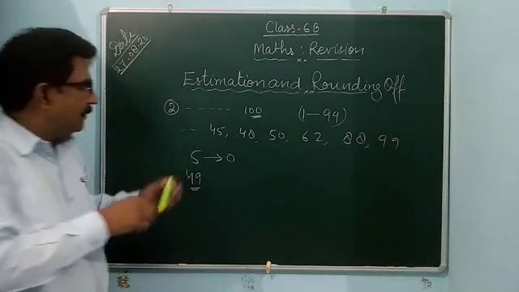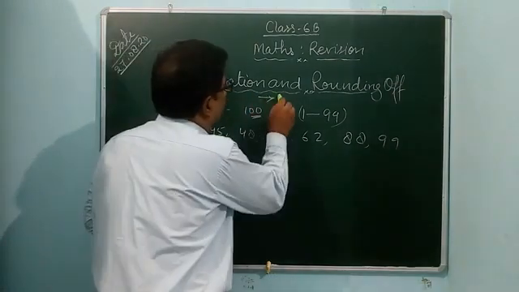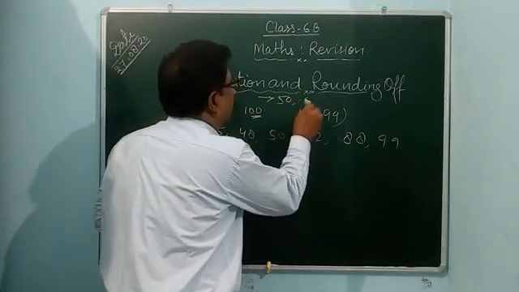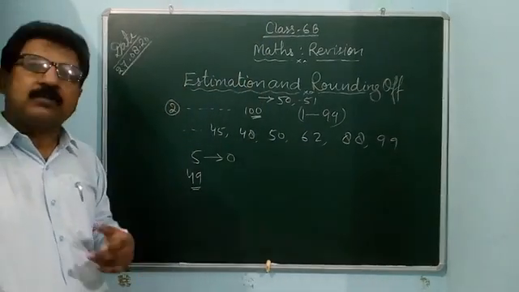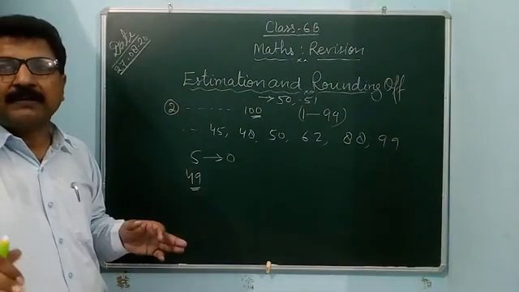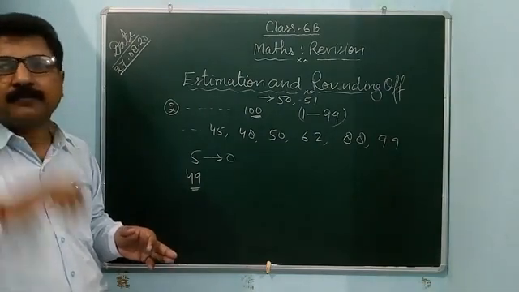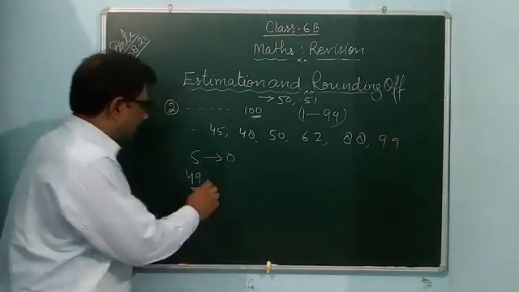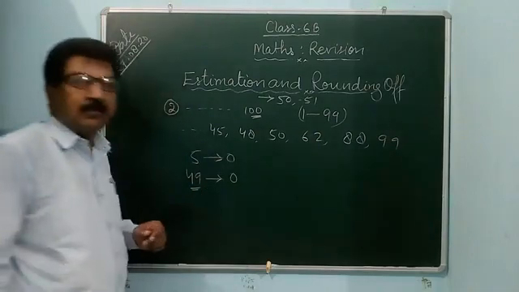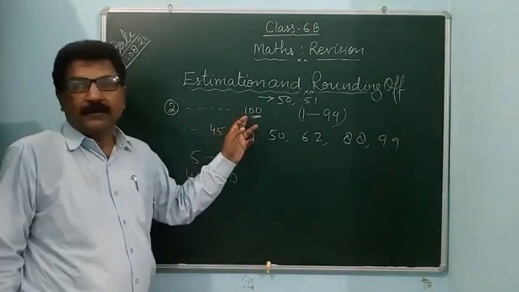For hundreds, 50 or more than 50, like 51, 52, will be counted as rounding to 100. So 49 will also be 0 when estimating 100.